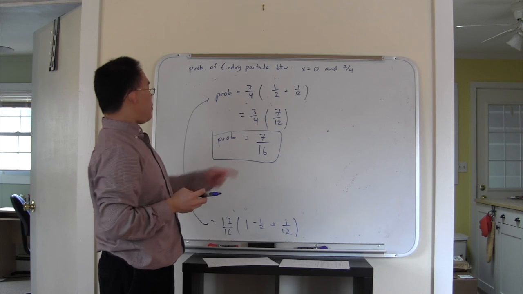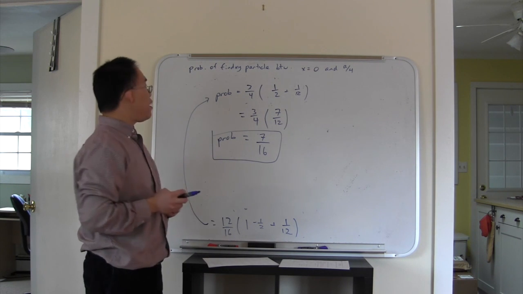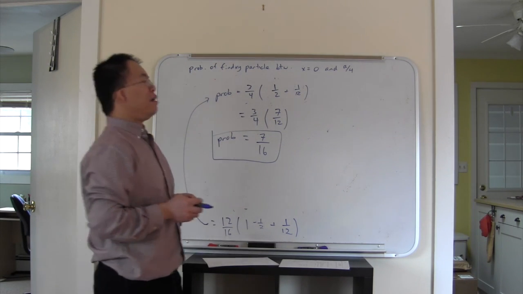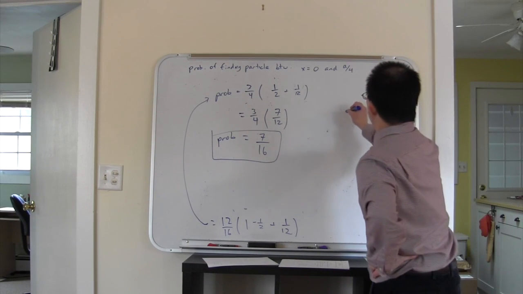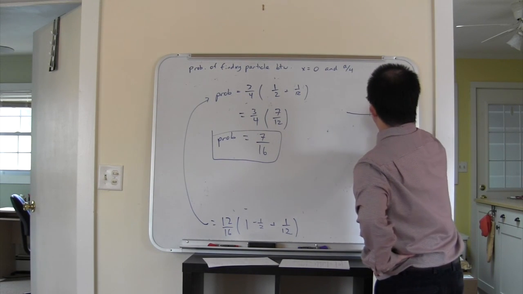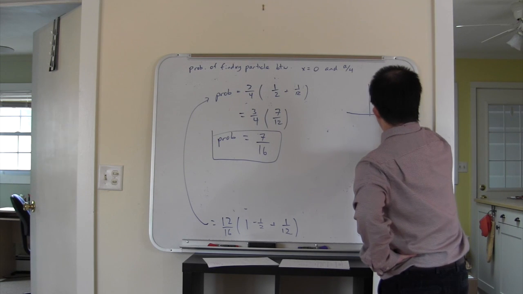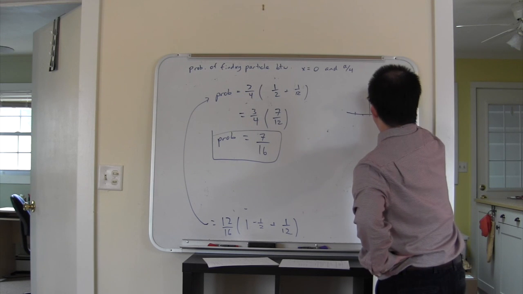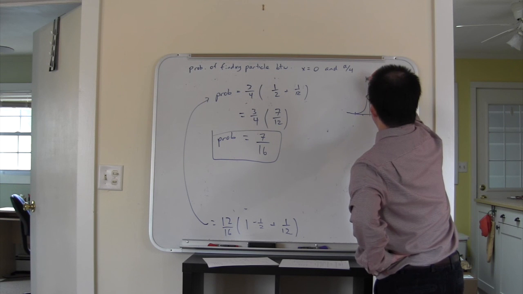So let's think about this, right? The probability is a little bit less than a half that the particle is going to be between 0 and a/4. So remember from the parabolic shape of my probability density, right? It's a parabola, and it looks something like this. I think you get the idea.